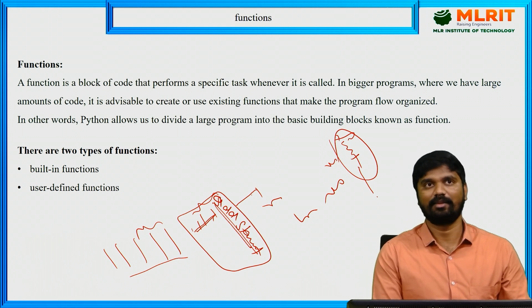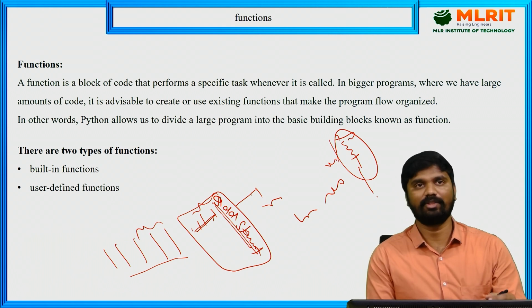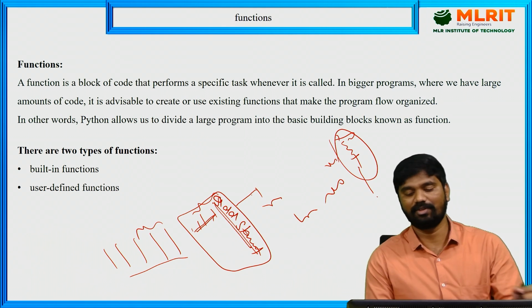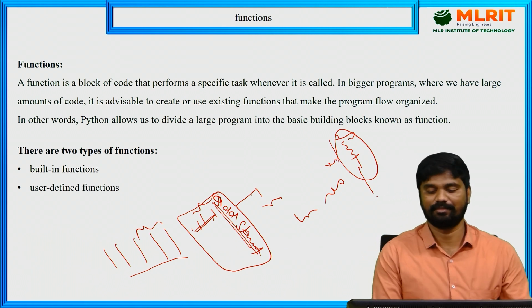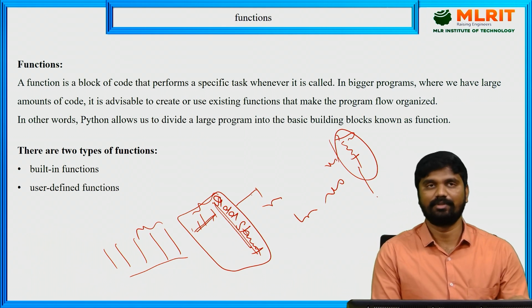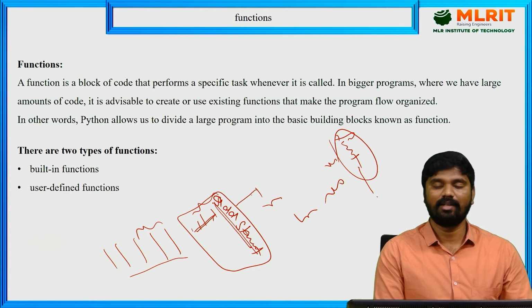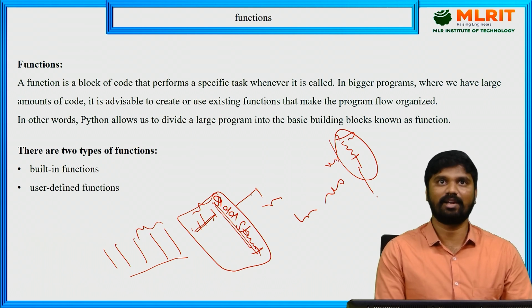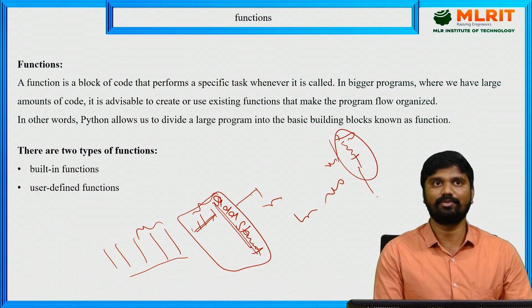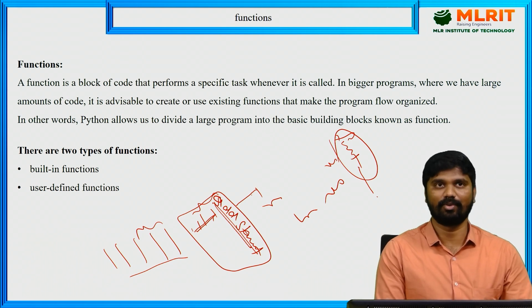And for another person, without rewriting the statements, just reuse the code of that function. In this way, a function is used to perform a task, and it is also used to reuse the code.